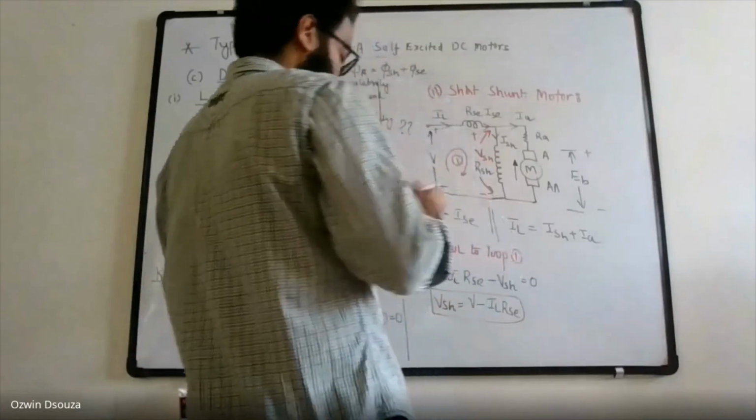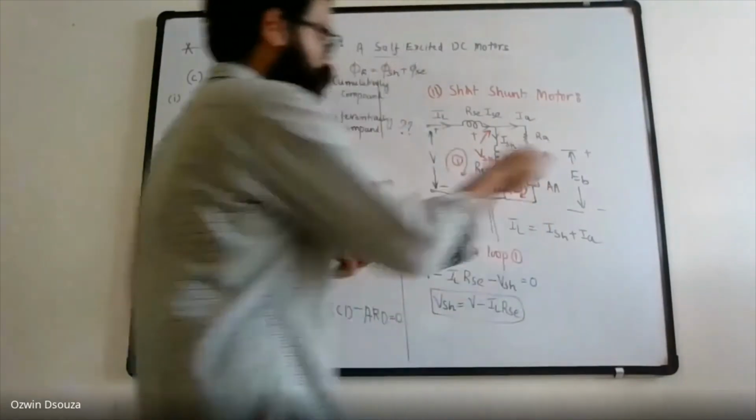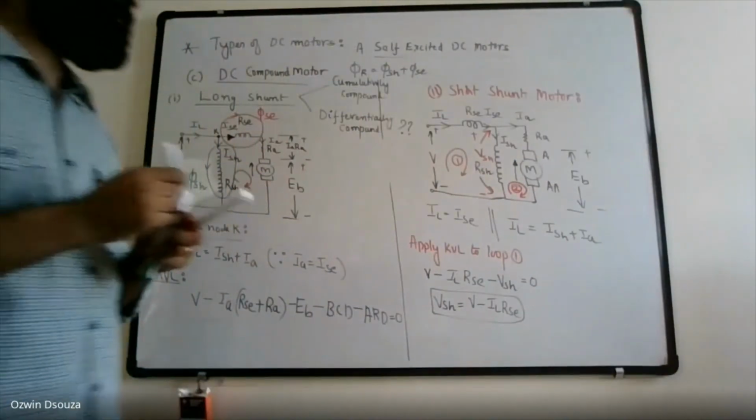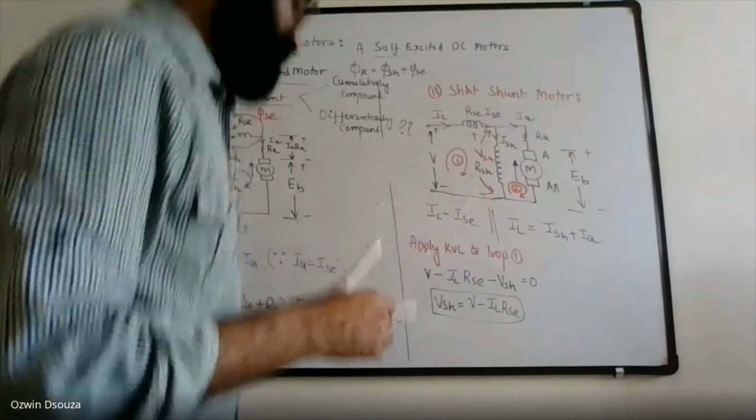Similarly, you can also apply KVL to loop 2 so that you will be able to relate the back EMF with the supply voltage.